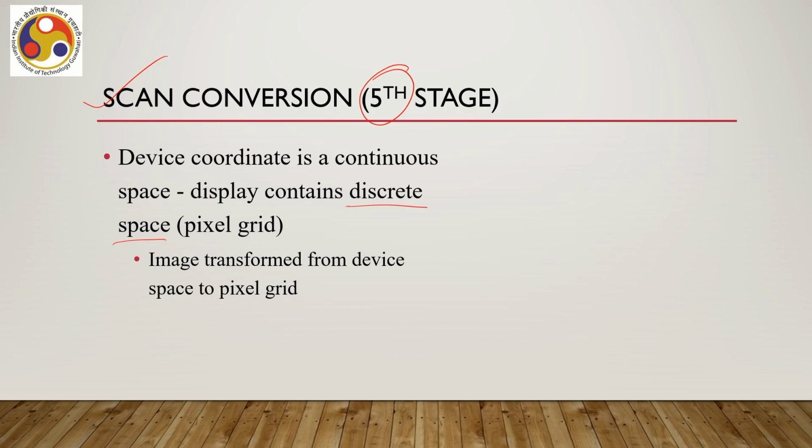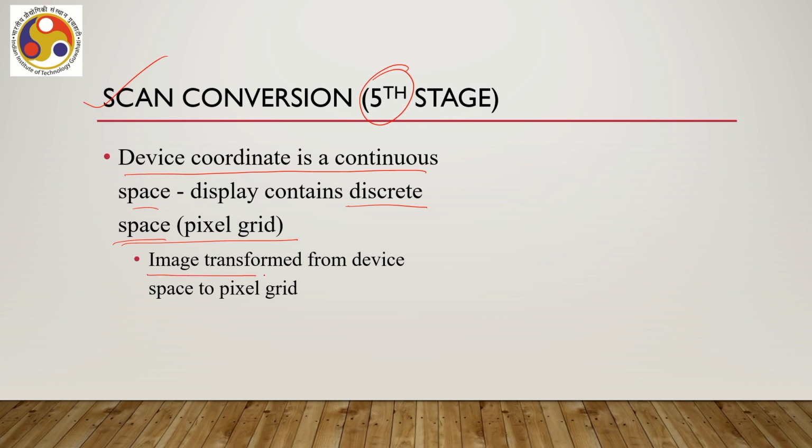So, essentially what we need to do is transform the device coordinate space description to a discrete space or the pixel grid description, that is the fifth stage or scan conversion.